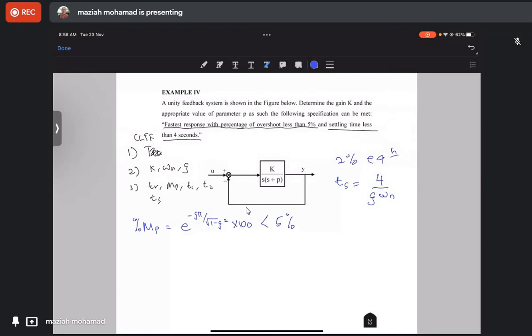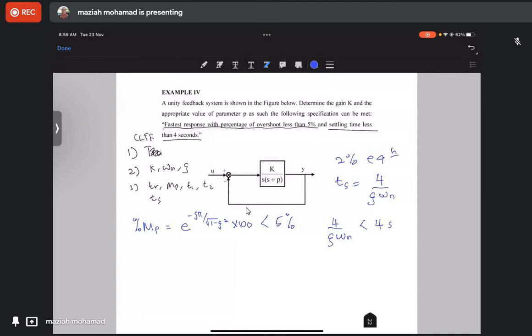We said that settling time 4 over zeta omega n must be less than 4 seconds. Based on these two specifications, we need to determine the value of zeta, omega n and k. Basically it is zeta omega n first. Later we will determine k.